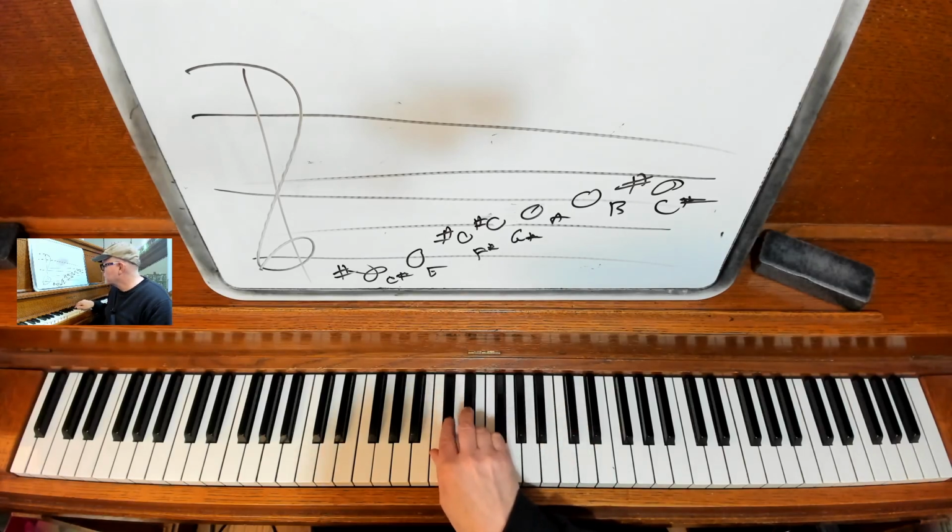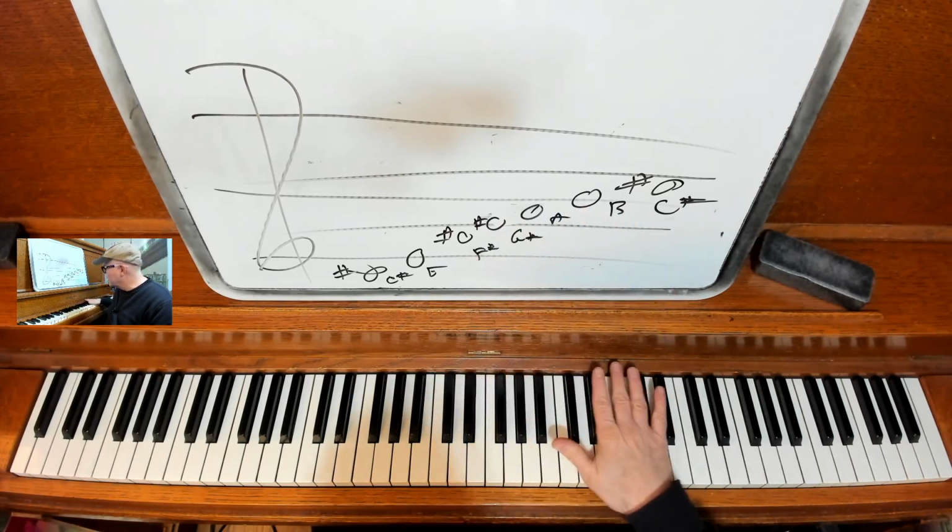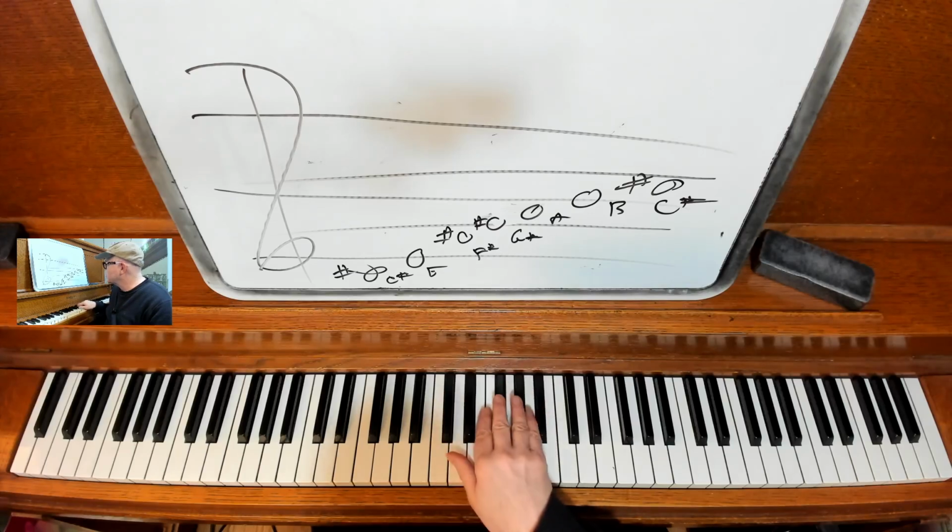But this kind of throws a wrench in it. And of course, when you play it in order, straight through, it doesn't have quite the same effect as if you do this.